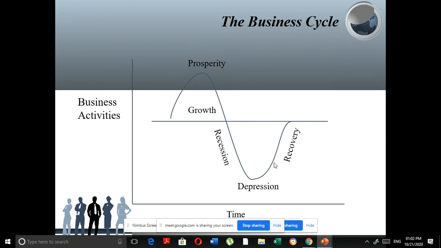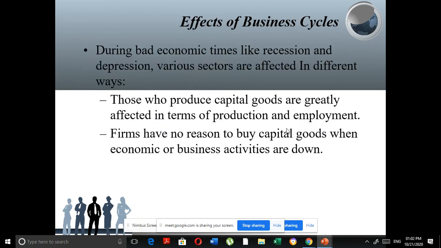Recovery, you see recovery? Both production and employment increasing toward full employment. It is clear, yes? Okay, continue. Business cycles, you understand.